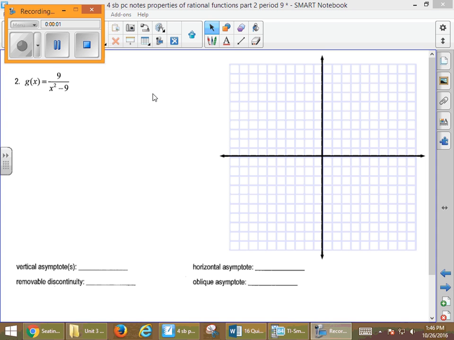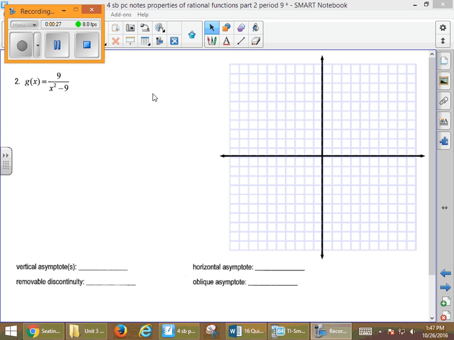These notes are properties of rational functions, part 2, and then I will call them day 2. We were talking yesterday about how a bottom-heavy rational function has a horizontal asymptote, and a top-heavy rational function has an oblique asymptote.